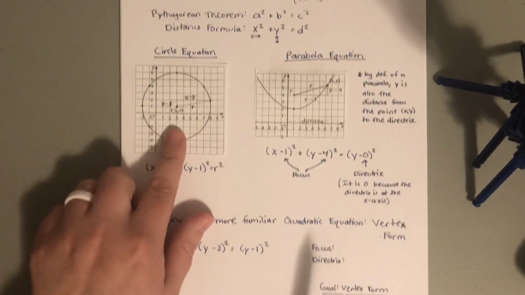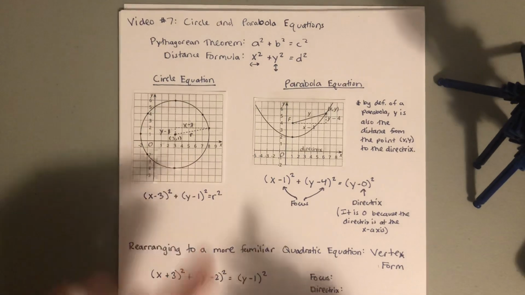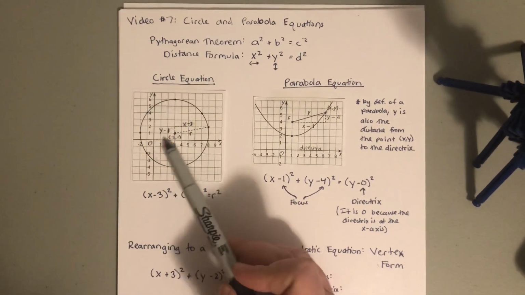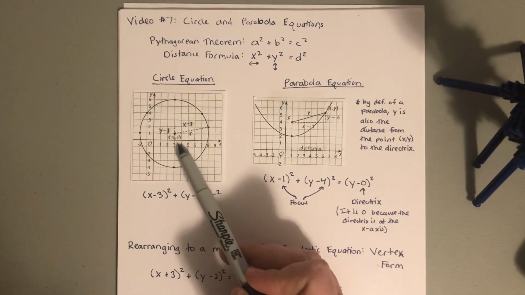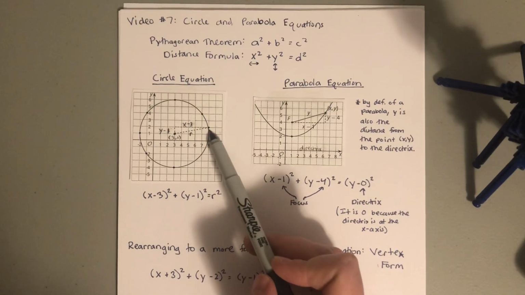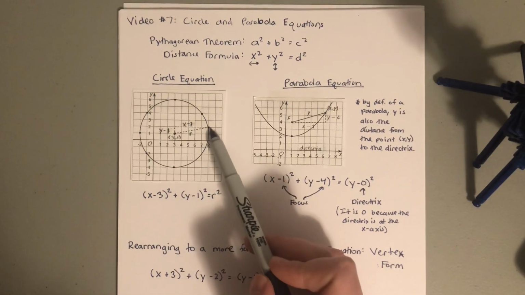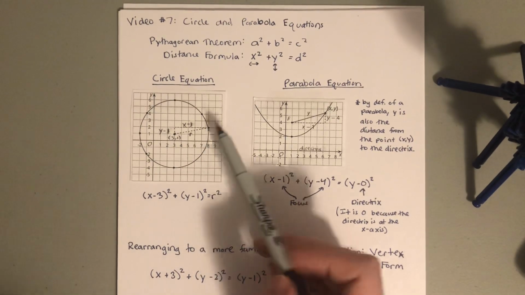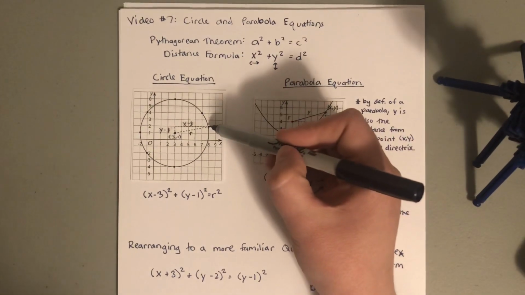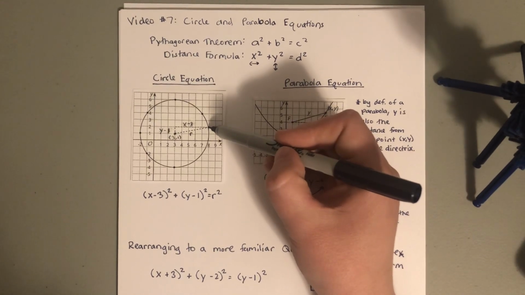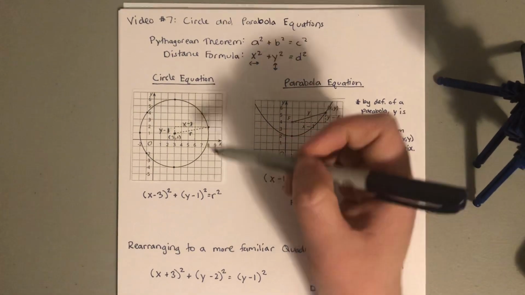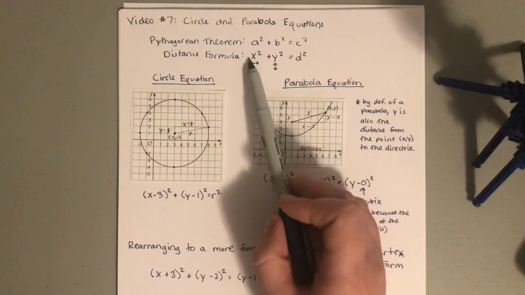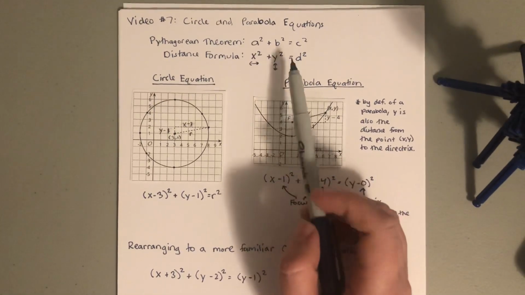So if we're looking here, we have a circle, and you can see that the center is at (3, 1), and this point over here is at a little before 8, kind of at 2. So what we can do is write the equation of this circle essentially using this distance formula.